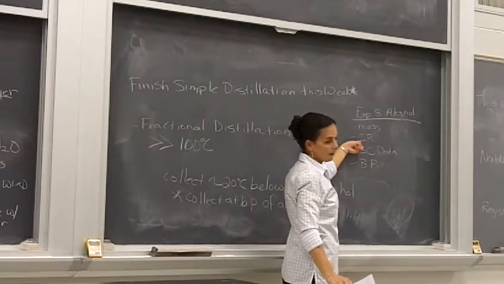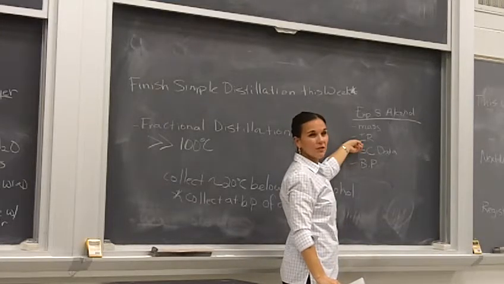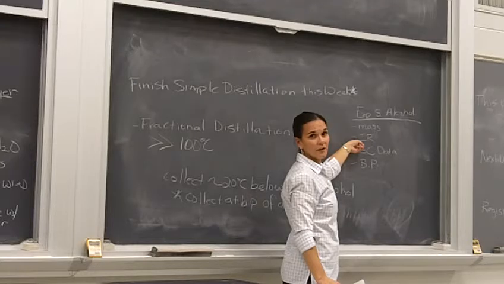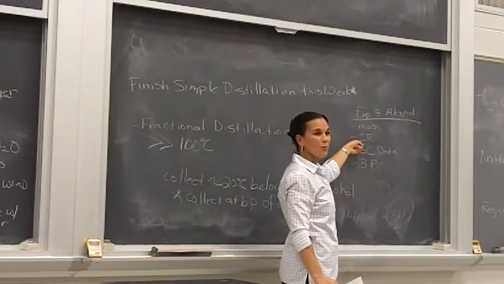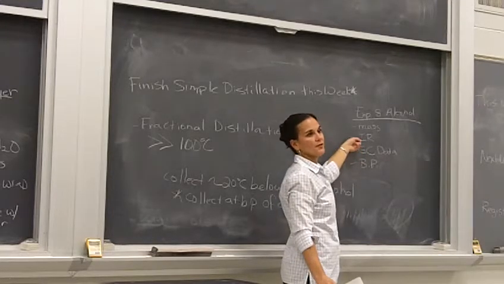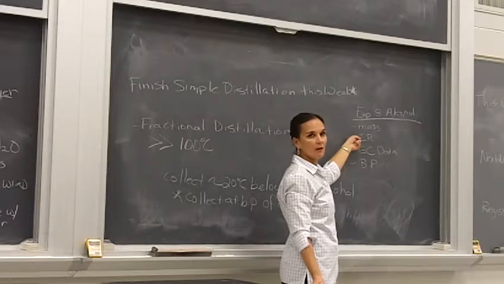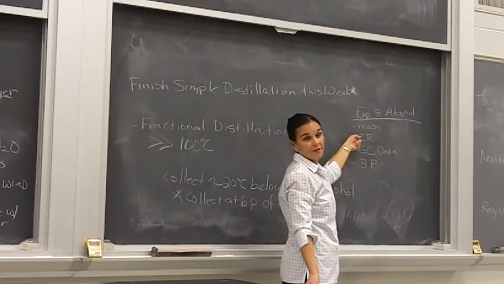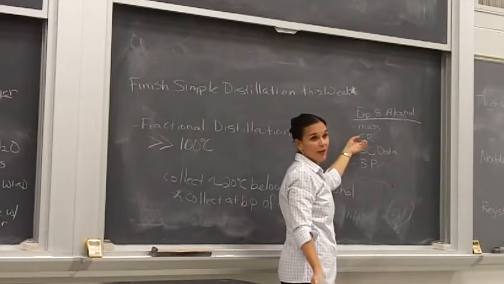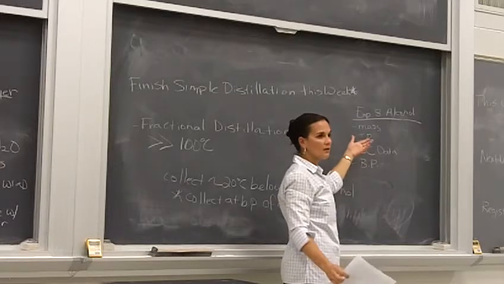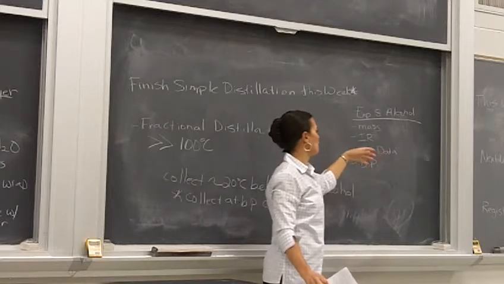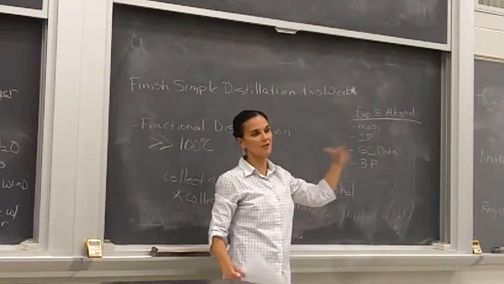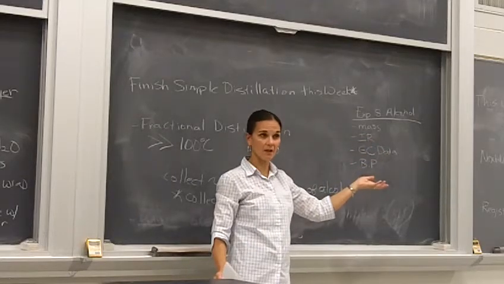For the IR, you are going to eventually need a literature IR of your alcohol to compare it to for your report. When you look for that, you may not find your alcohol. So say that you make 3-heptanol. Maybe you can't find the IR of 3-heptanol, but you could find 4-heptanol. That's similar enough to 3-heptanol that you can use it for comparison. What you don't want to do is say, okay, I've got 3-heptanol, I can't find anything, but I can find 1-heptanol.